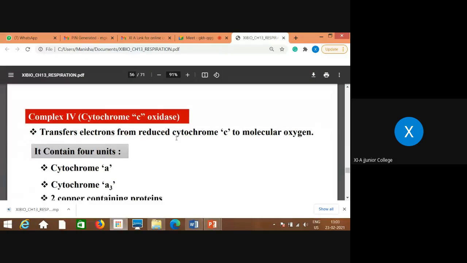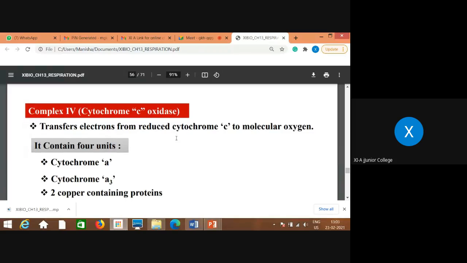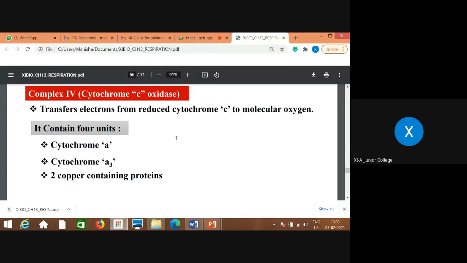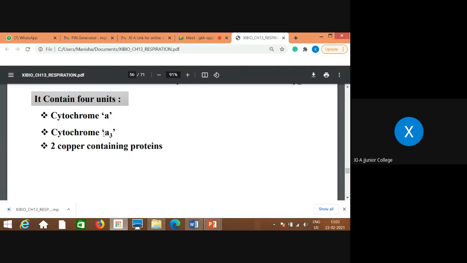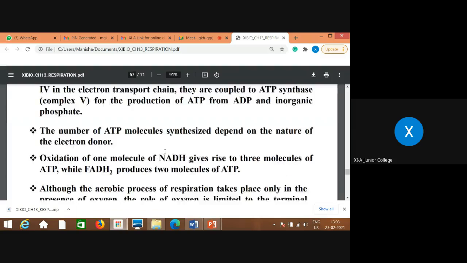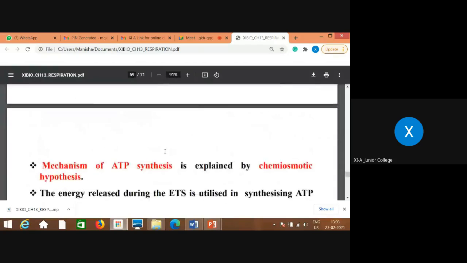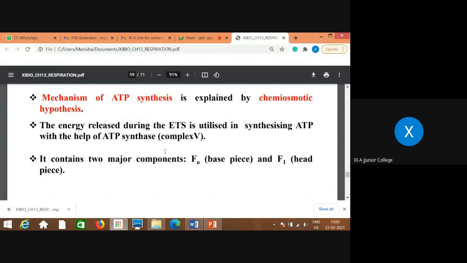Okay, and the last one is the AA3 complex, that is the fourth complex, where cytochrome C oxidase enzyme is used, and electrons are transferred from cytochrome C to molecular oxygen. It contains 4 units, A3 and 2 copper containing proteins. So this is all about the transfer of electrons in the form of ETS.